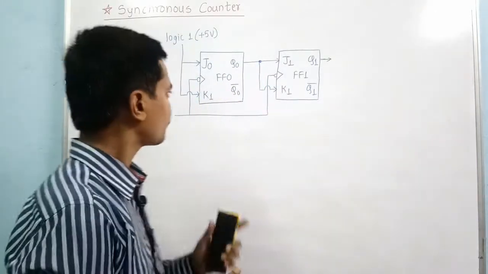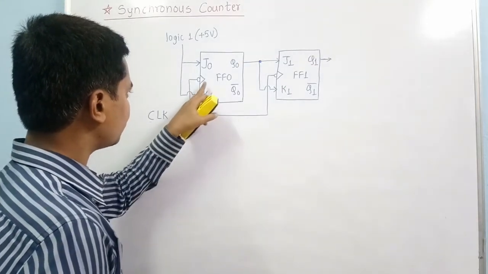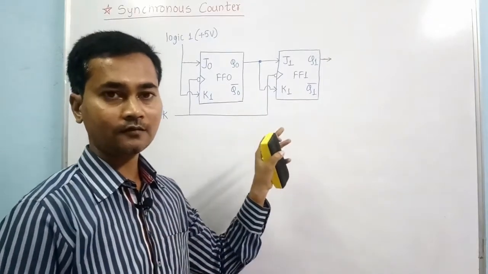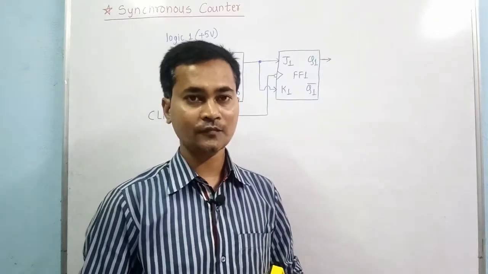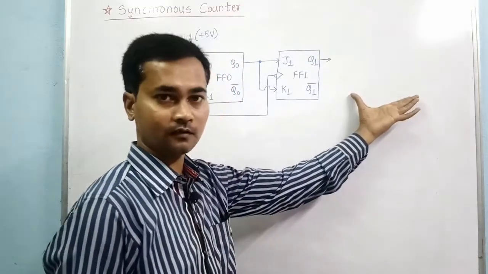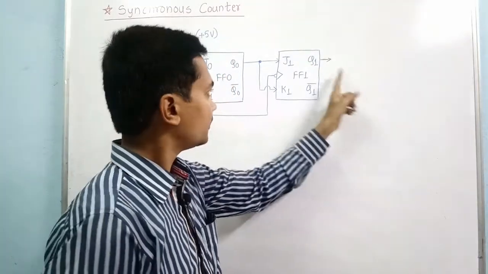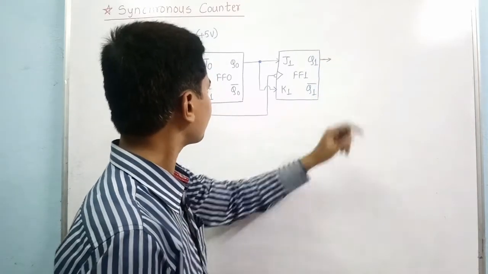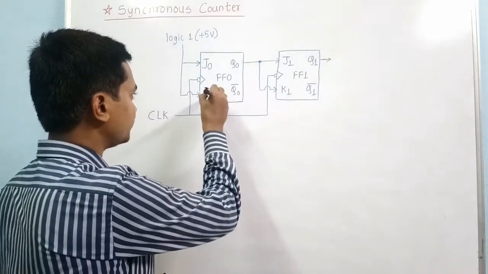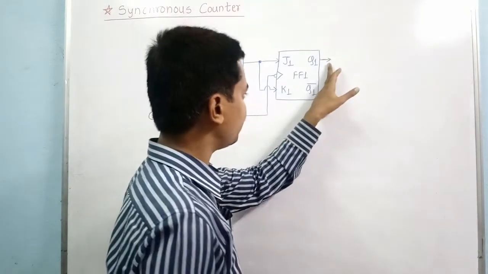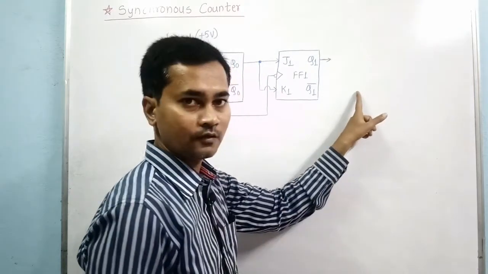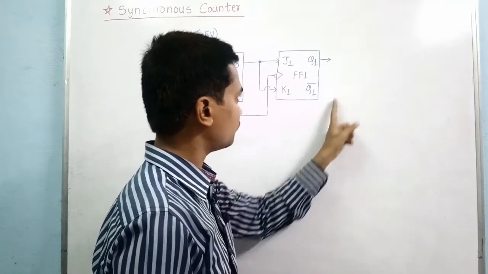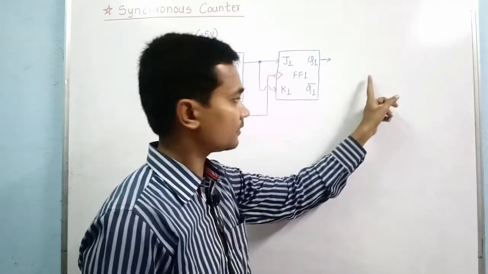The clock is given to the clock inputs of both the flip-flops simultaneously. If you want 3-bit counting, you will have one more flip-flop, and Q1 will be connected to J2 and K2 simultaneously, and the clock will be connected to the clock pin of the third flip-flop.